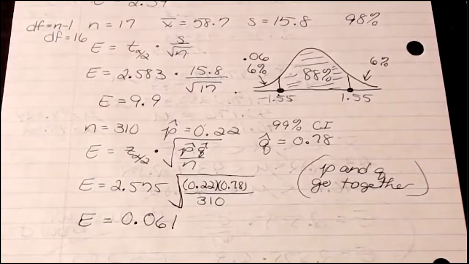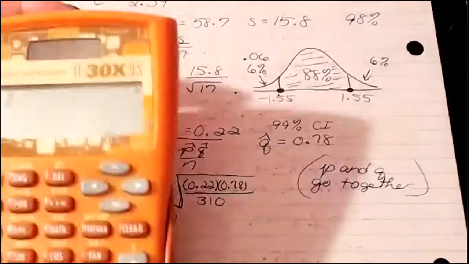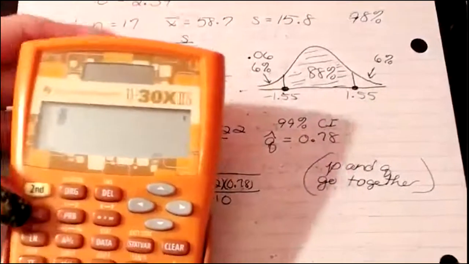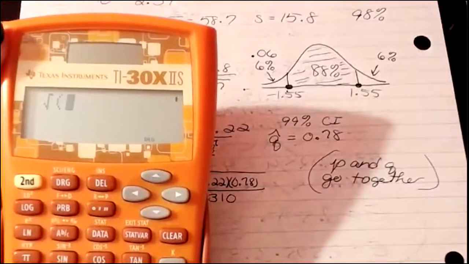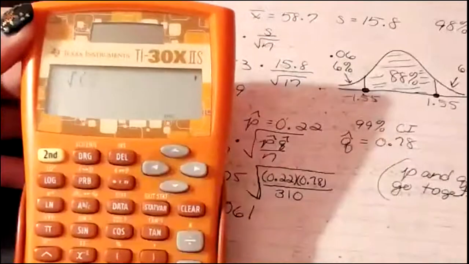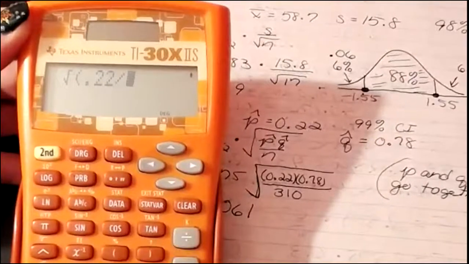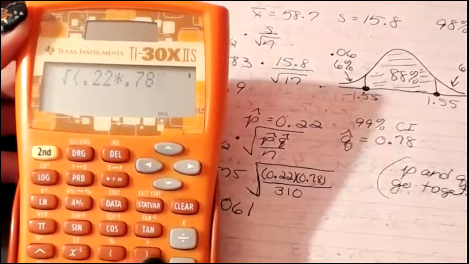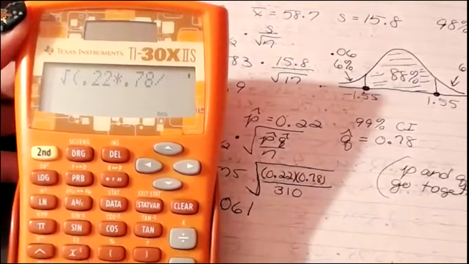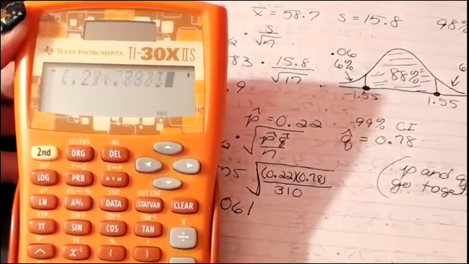I got 0.004. Do this for me. Let's do second x squared, which gives me the square root. And then I want you to type in 0.22 times 0.78 divided by 310, all at once, because there's no issue here.